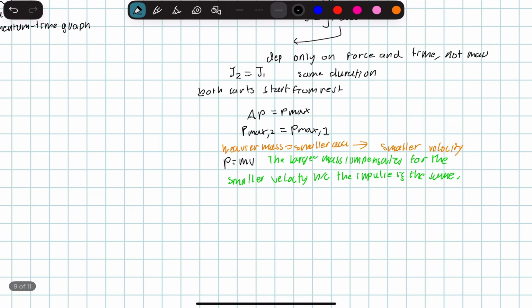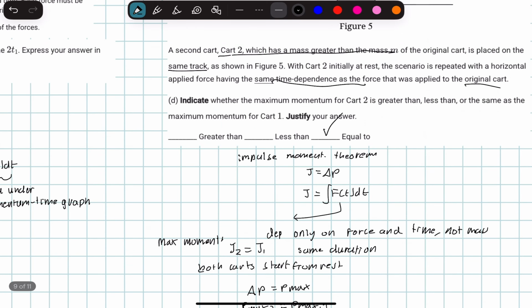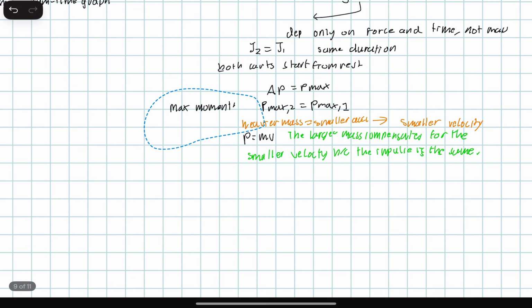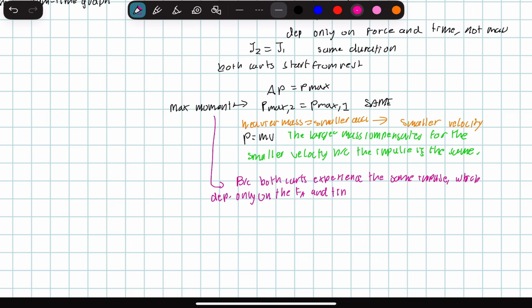So the maximum momentum of cart 2 is going to equal the maximum momentum of cart 1, so they're the same, because both carts experience the same impulse, which depends only on the force and time interval.